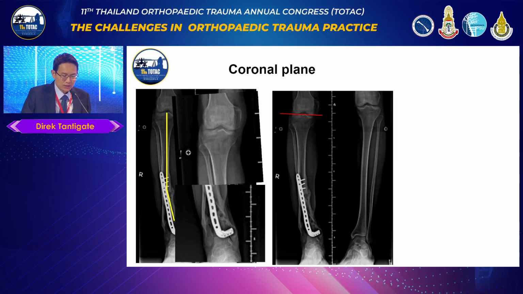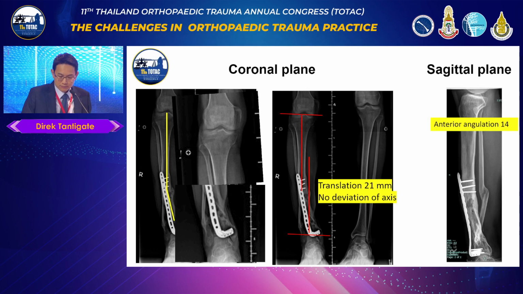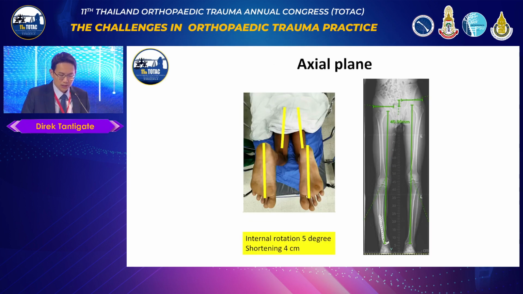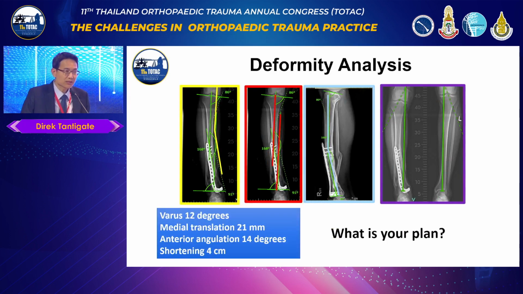The mechanical axis relative to the joint line is translated about 21 millimeters. The sagittal plane revealed anterior angulation of about 14 degrees. On the axial plane there is internal rotation of about 5 degrees and shortening of about 4 centimeters. So this is the overall deformity analysis.